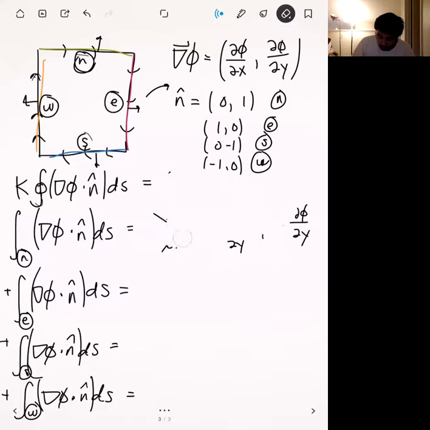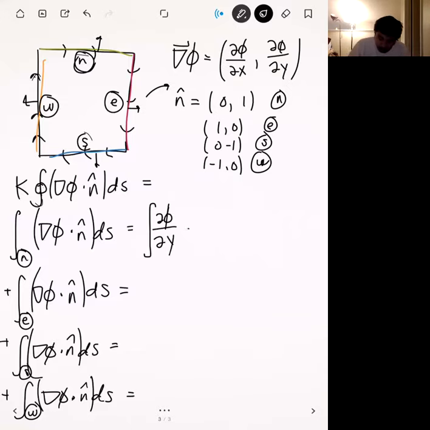If we apply that dot product to every single integral here, then what we get is the following. For the north face, we get just what I did: d phi dy, and since this integral goes from left to right, we do d phi dy dx. For the east face, we have d phi dx, that's what results from the dot product, and the integration direction is y, so we do dy here.